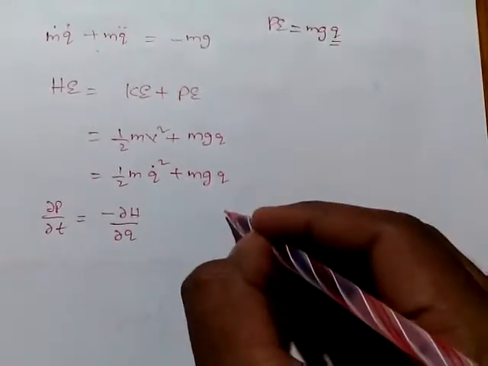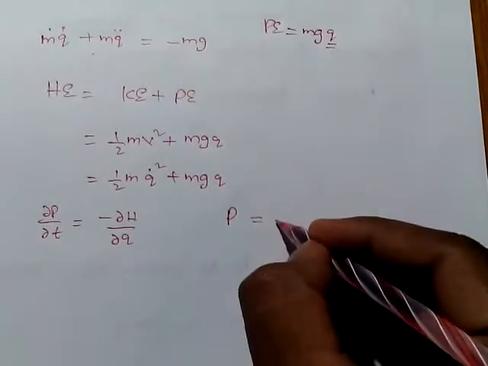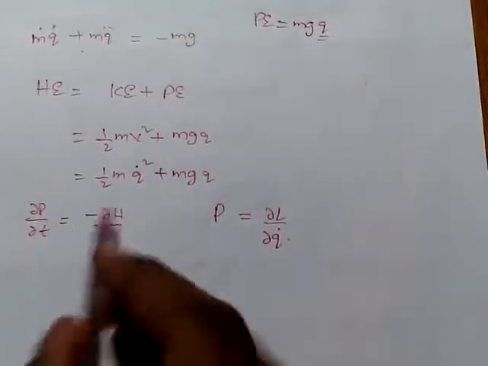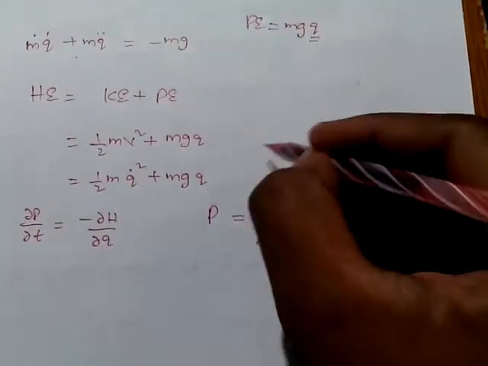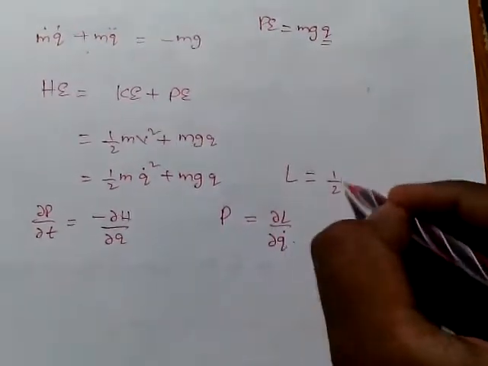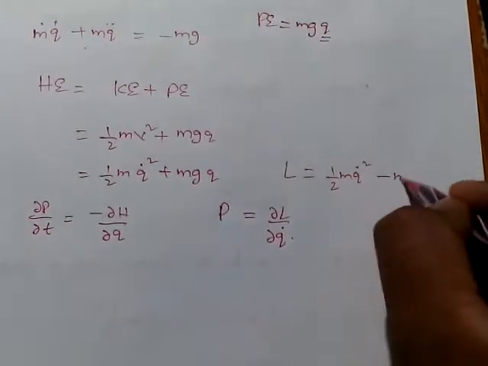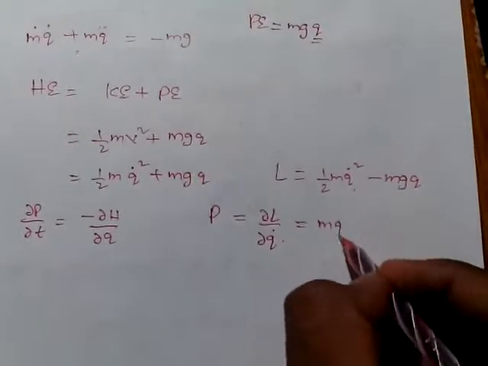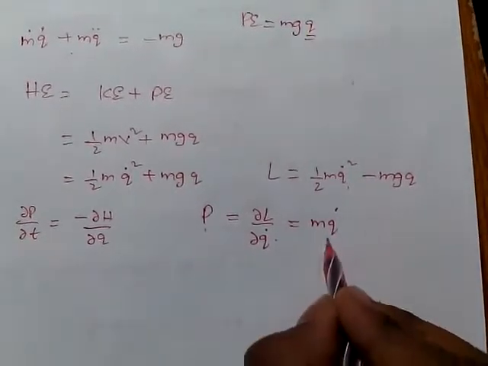But we define momentum p is equal to dou L by dou q dot. We know that L is equal to half m q dot square minus mgq, so dou L by dou q dot is equal to m q dot. So p is equal to m q dot.